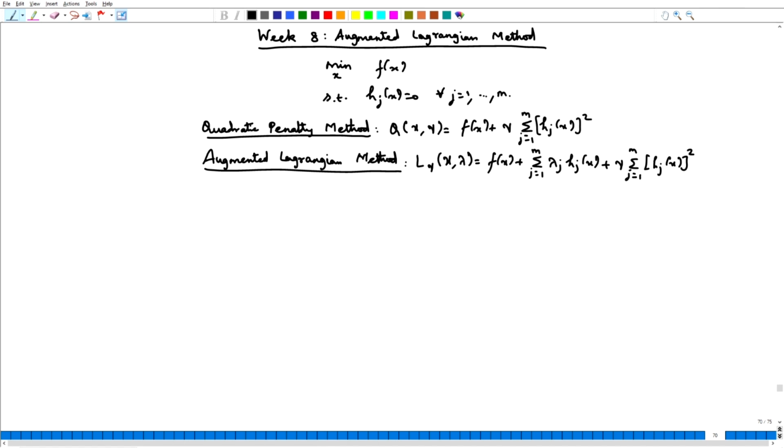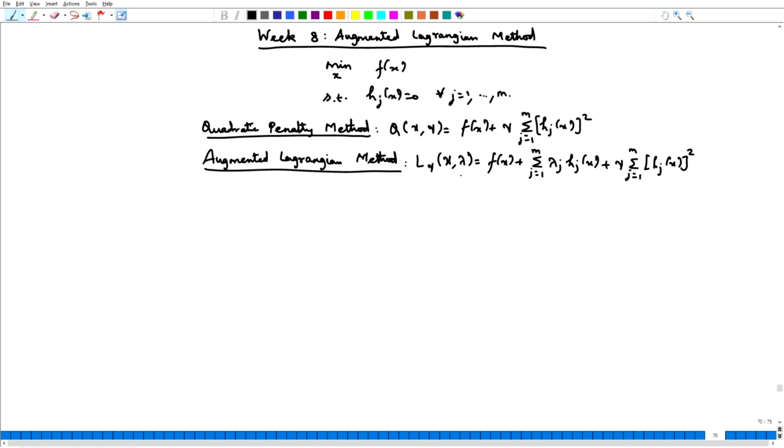Okay. So, what is the difference, just by looking at the expressions in these two methods? You can see that f of x is there in both of these functions, and the penalty gamma summation h j of x the whole squared is also there in both. The augmented Lagrangian method has some extra terms, which is the summation of lambda j h j of x.